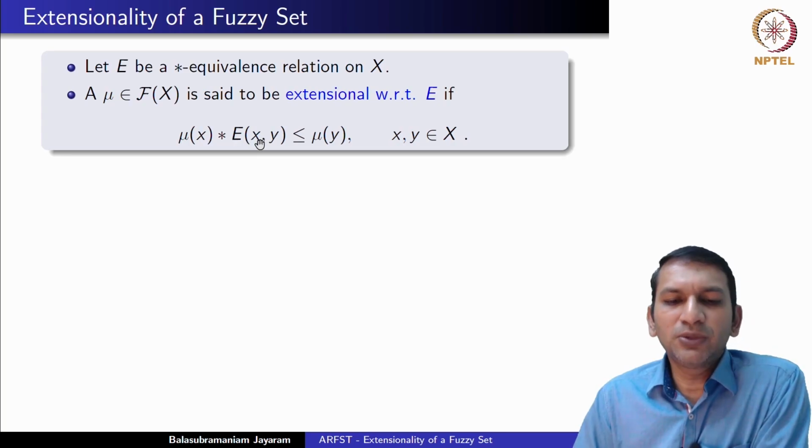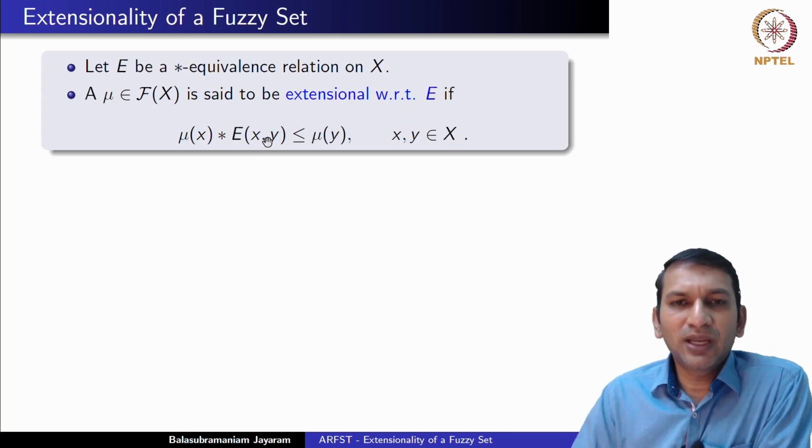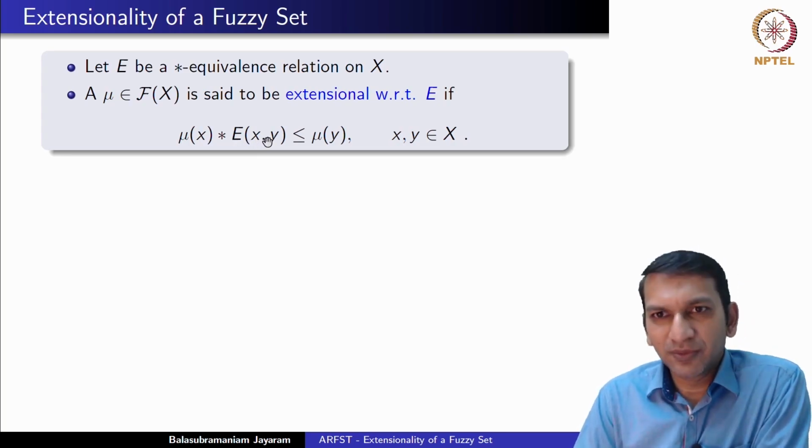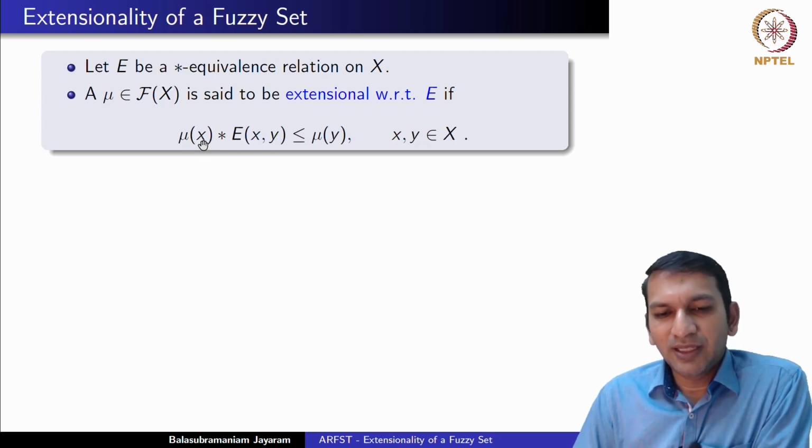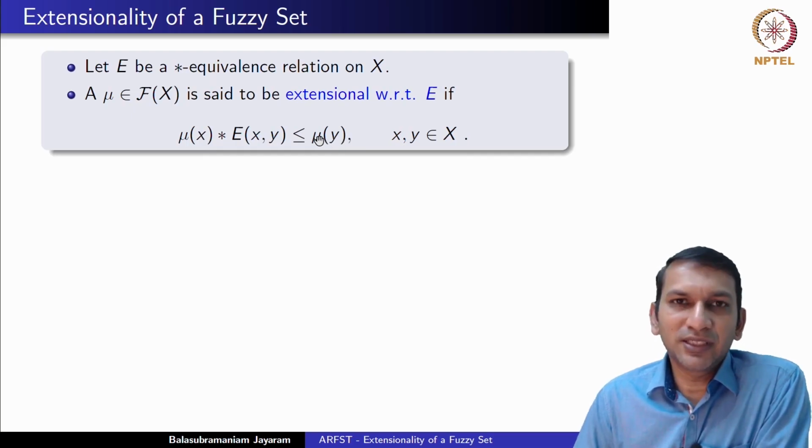That means with respect to this equality relation, x and y are in fact indistinguishable. So now all it says is, if x and y are indistinguishable, then what should be the membership value of y in this fuzzy set, in this concept mu? It says it should be at least as much as x.